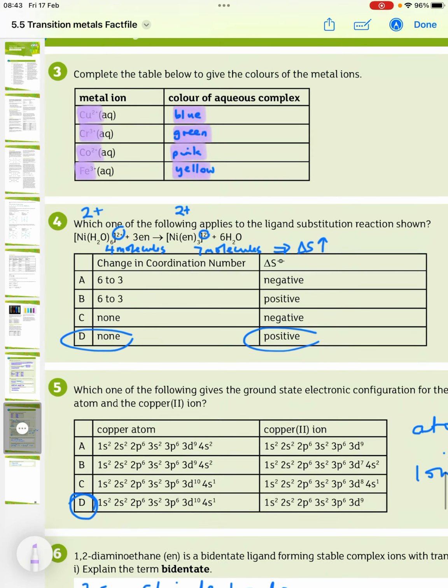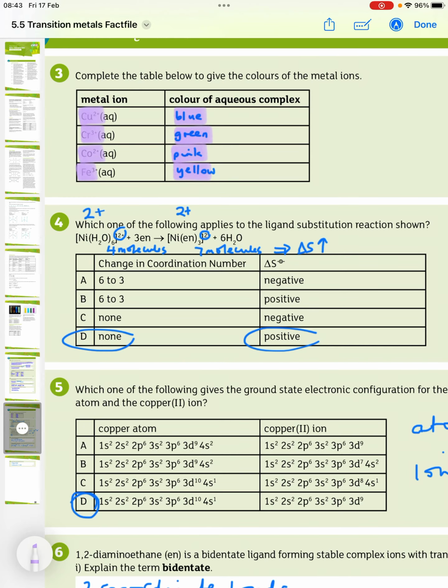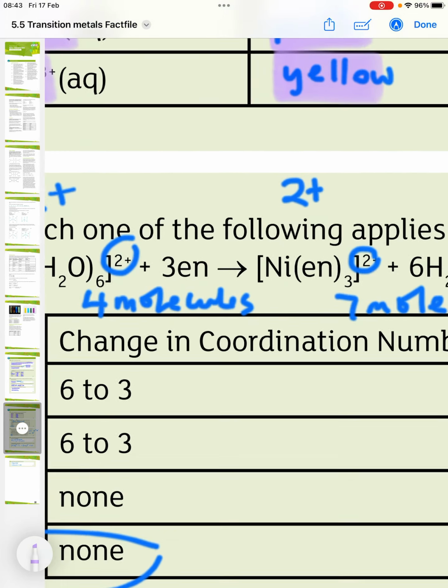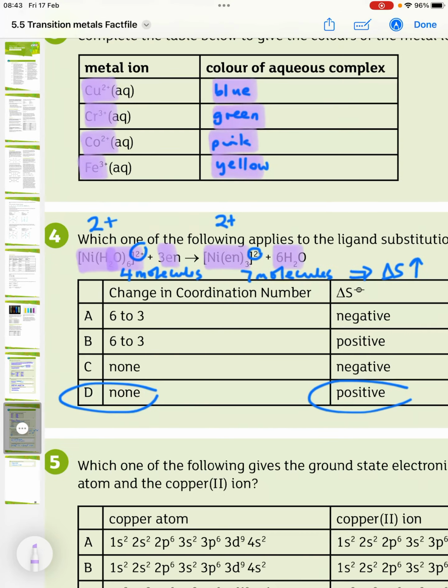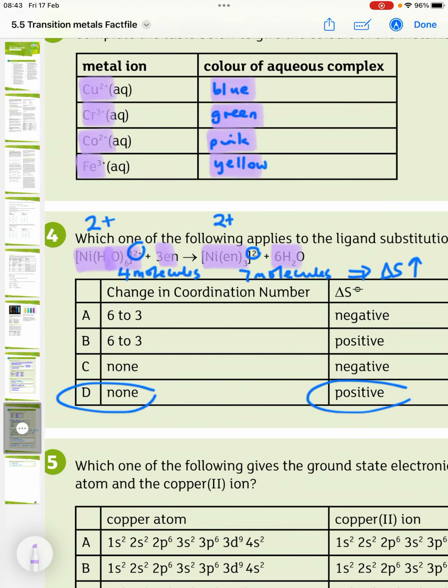Now, number 4, which one of the following applies to the ligand substitution reaction shown? So the ligand substitution reaction here is the hexaaquanickel complex and en, forming a nickel-en complex and water. And it's a bit like the one we saw on the last page. In terms of entropy, with 4 molecules on the left and 7 on the right, the entropy is increasing as that reaction proceeds.